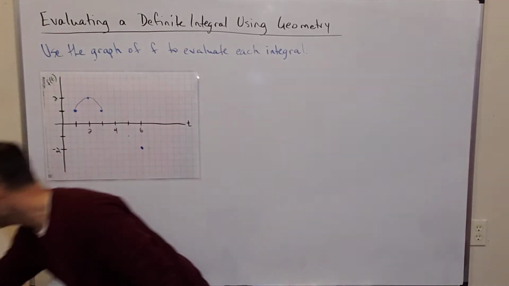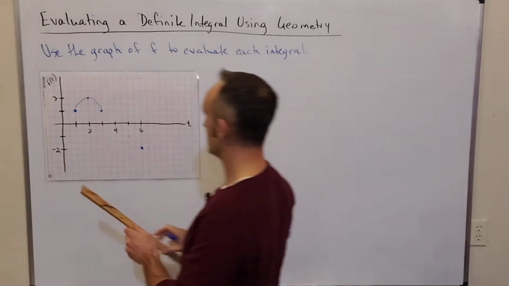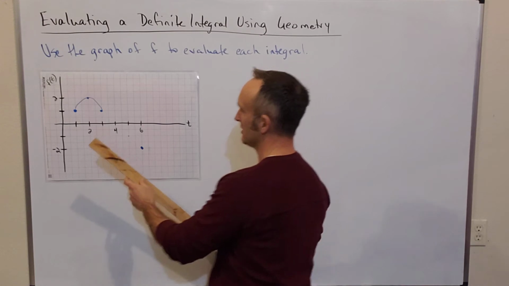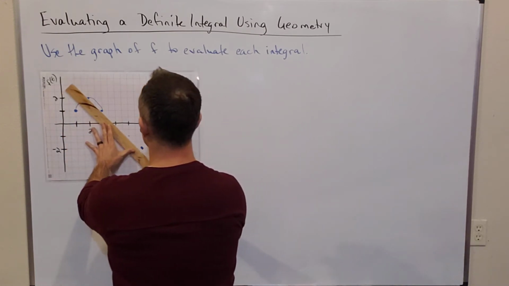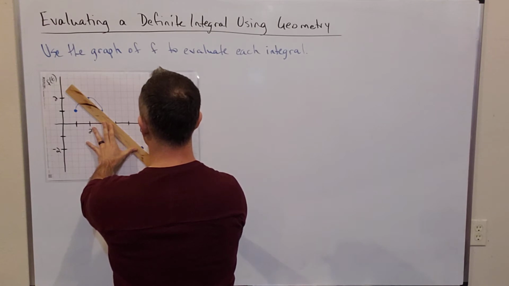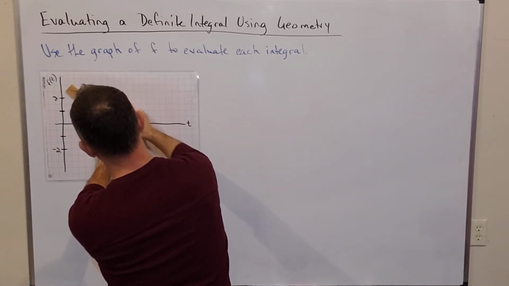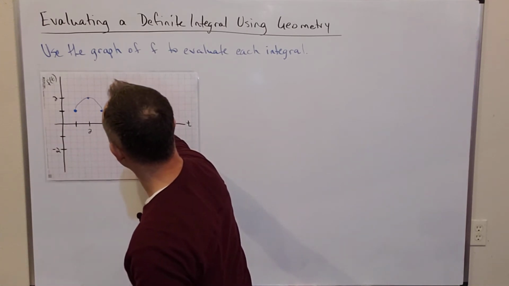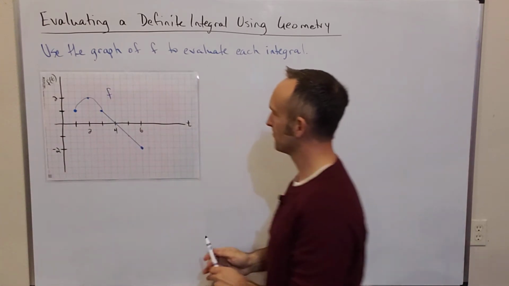And so I'll connect those points with a straight line. So I've got a straight line from the end point of my half circle to the end point at (6, -2). Okay, so this is our function f of t.